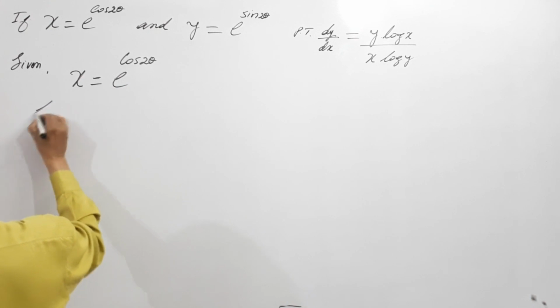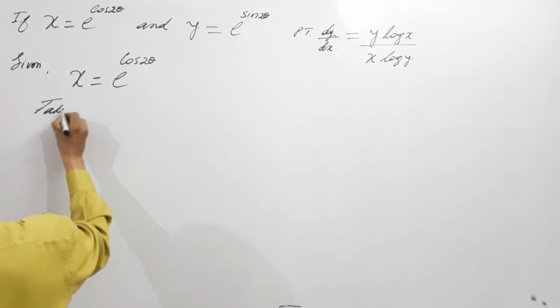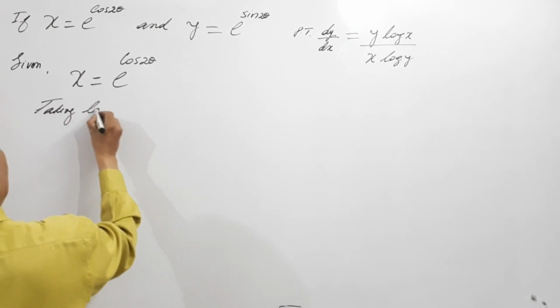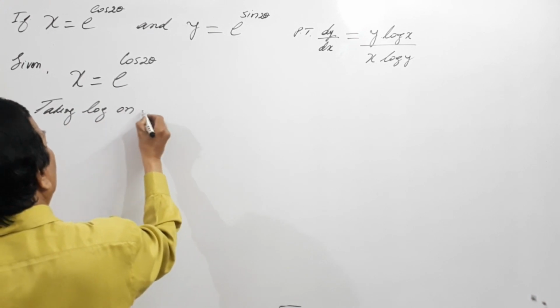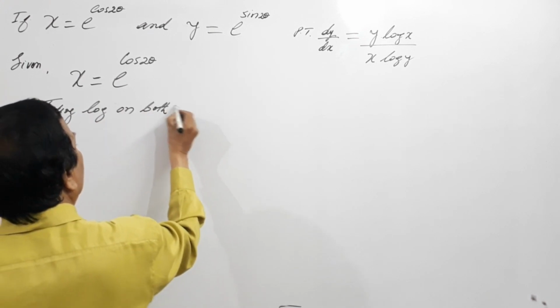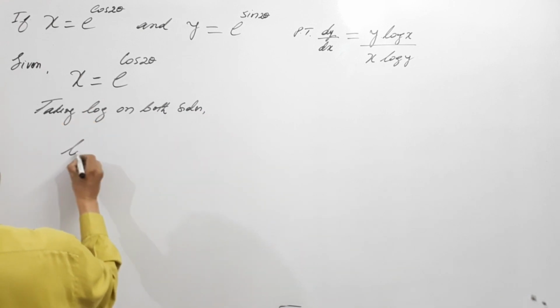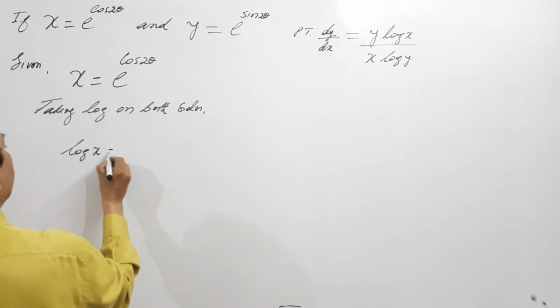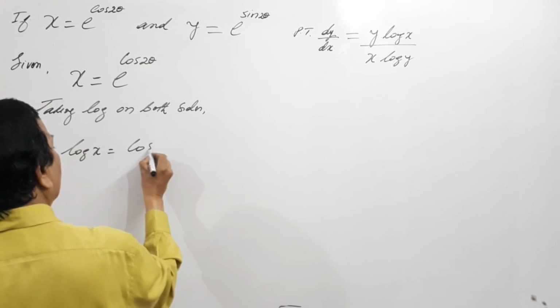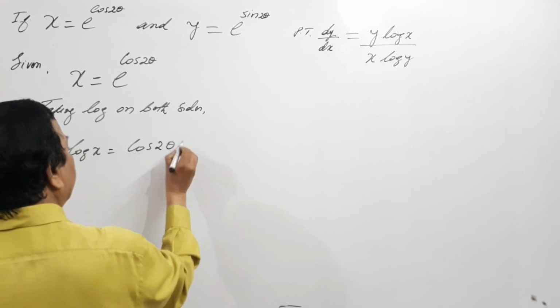Taking log on both sides. What happens here? That is log x equals cos 2 theta.